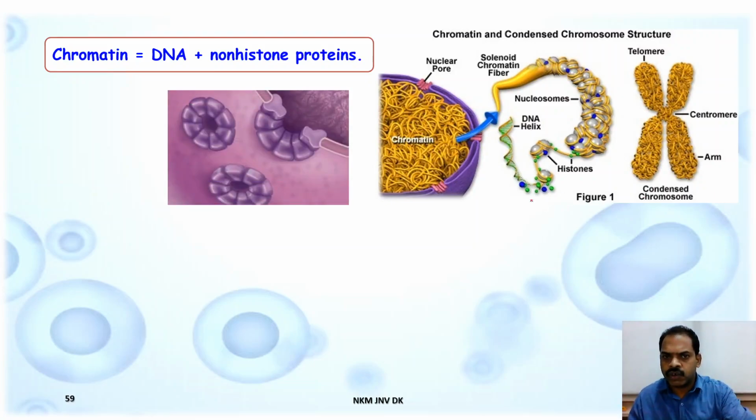During cell division, the chromatin condenses compactly into chromosomes.